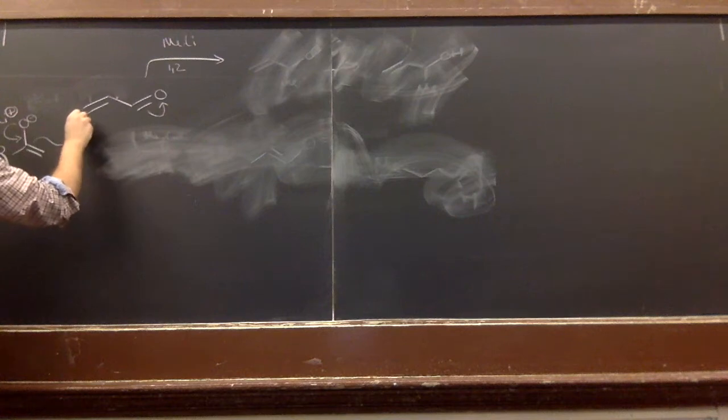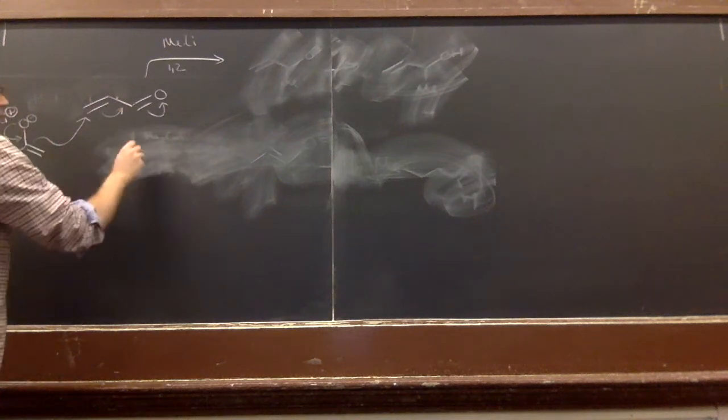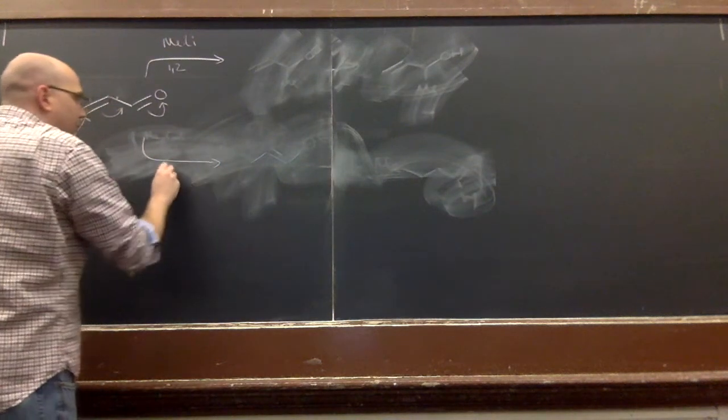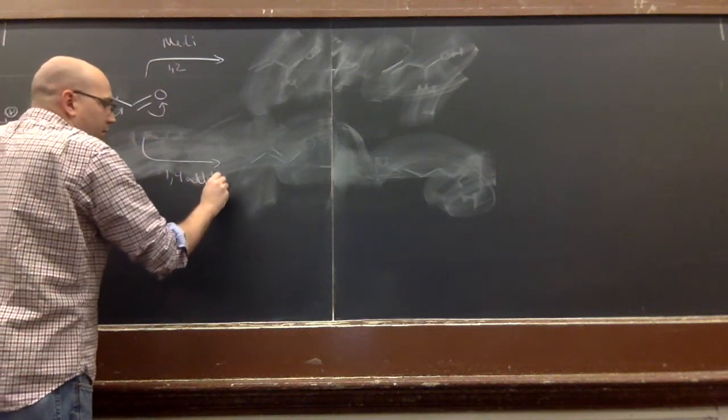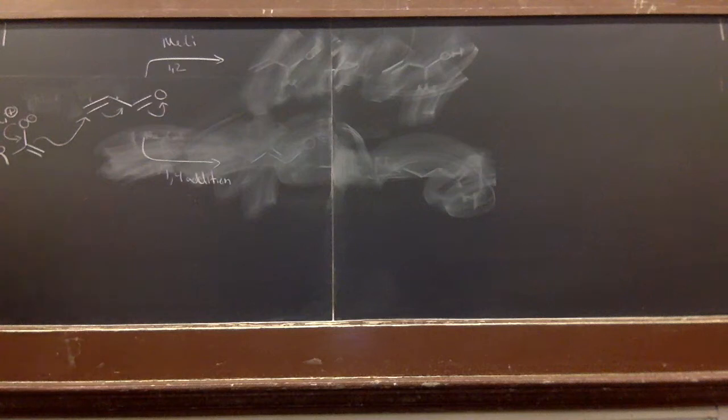And so it turns out that when you make enolates, you will actually do a 1,4 addition. And again, this is one of the early 1,4 additions. We're going to have a lot of carbons here, so make sure that you don't add or drop a carbon here, so be very careful.